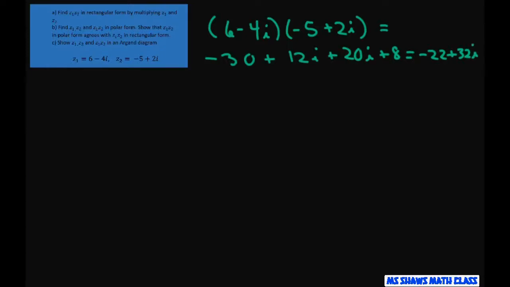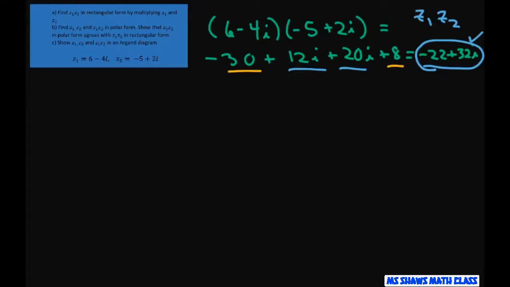I combine these two, and I combine these two. So that's equal to Z1 Z2 in rectangular form. Now we want our polar form to match this.